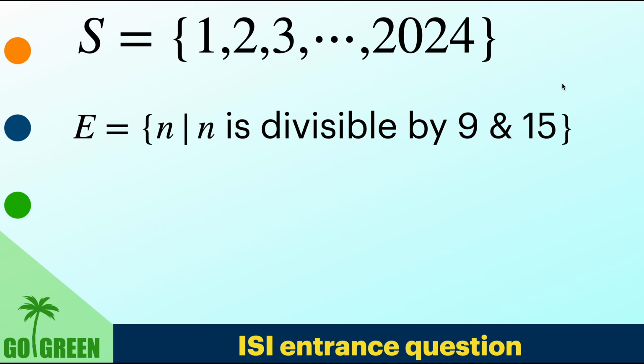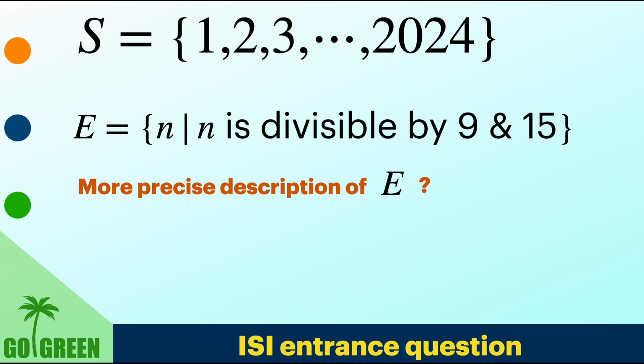Basically, if you want to check all the numbers manually, which numbers are divisible by both 9 and 15, that will be a really time taking task. One can do that, but this will take time, right?